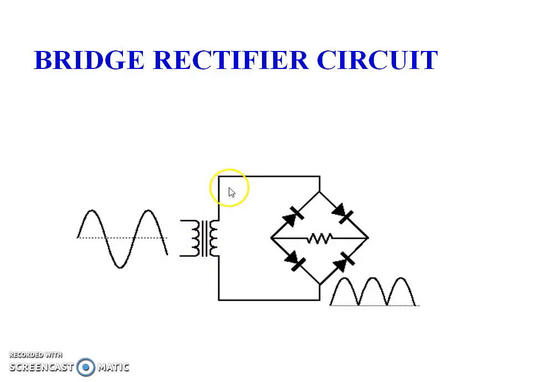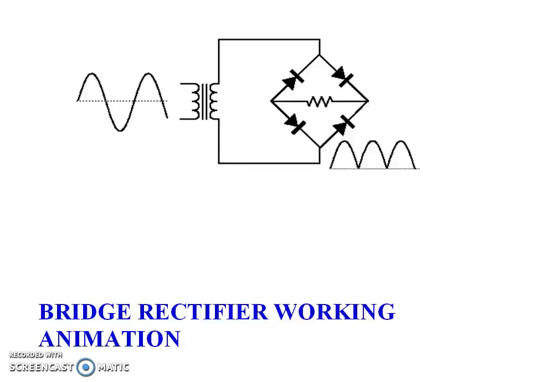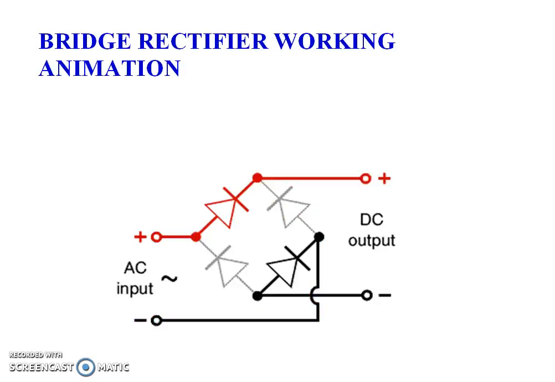The two ends of the secondary of the transformer are connected to the diametrically opposite edges of this bridge circuit, and the load is connected across the other two diametrically opposite points of the bridge circuit. This shows the bridge rectifier working animation.